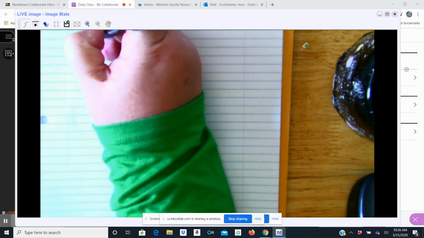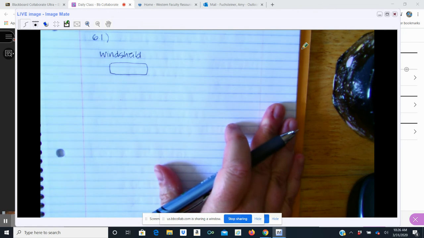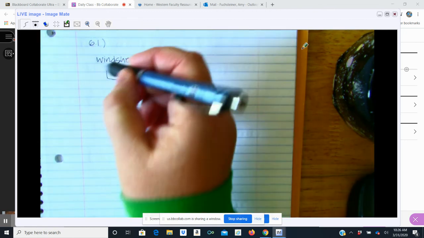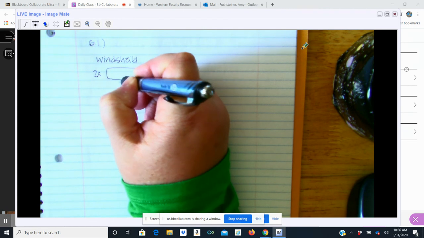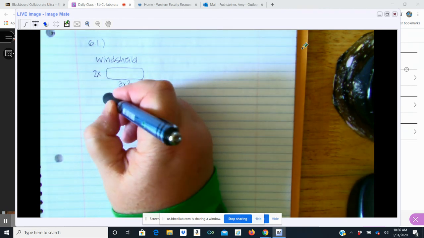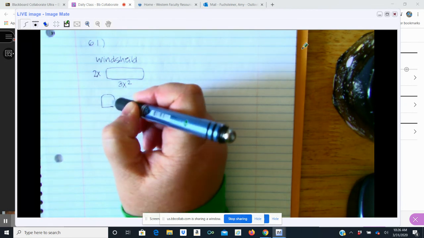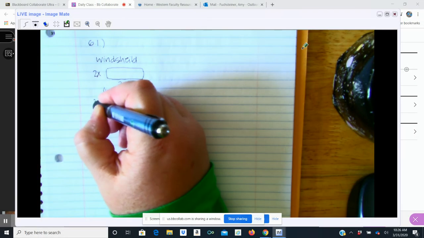So you had a windshield. And on mine, this is 2x centimeters, and this is 3x squared centimeters. And then it gave you the side views as 4x by 3x.